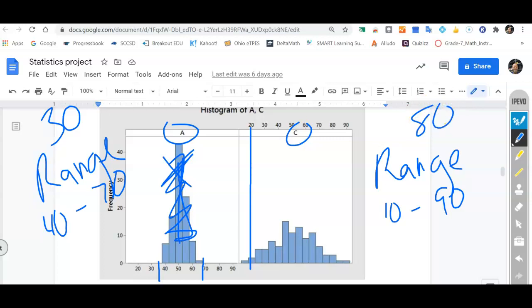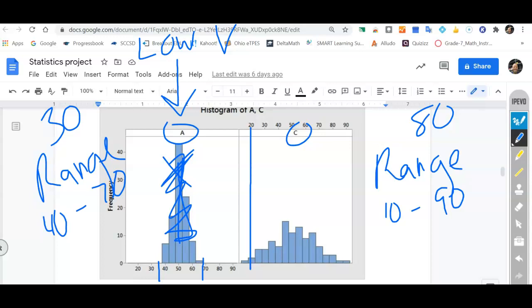All right, so now when you're looking at these two, which one would you say has a lower variability? The first one has a lower variability. This one, A, is more consistent. It has a lower variability because its range is smaller.